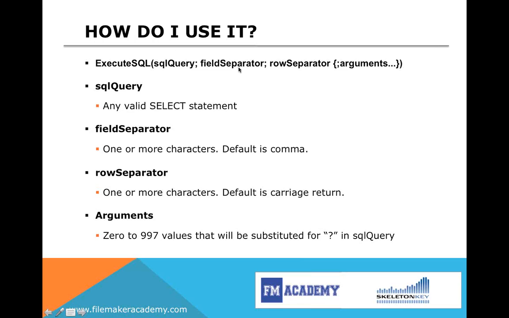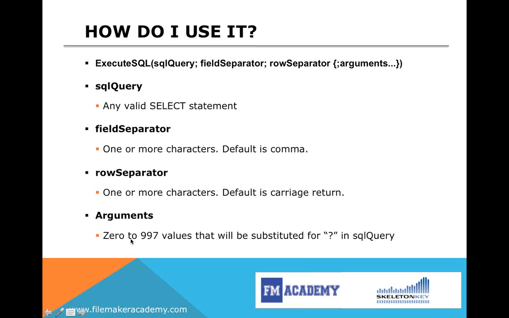But if you include just a pair of double quotes, you'll get a comma as the default field separator. Likewise with the row separator, if you leave that blank with a pair of empty quotes or an empty variable, for instance, you'll get a carriage return. But that can be 1 or more characters. You can insert as many characters as you want between the fields or the rows.